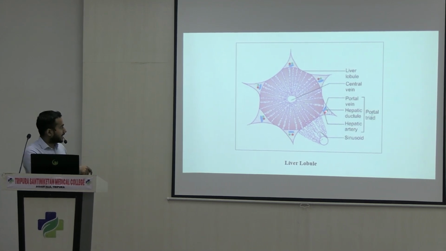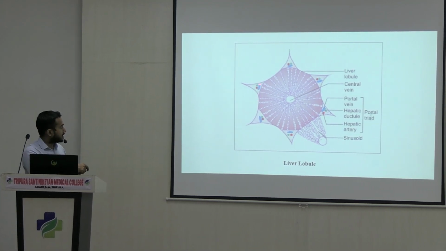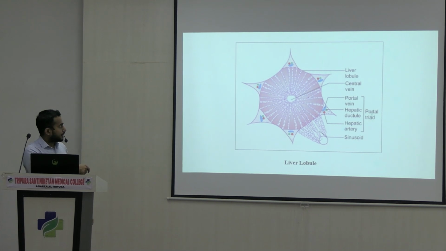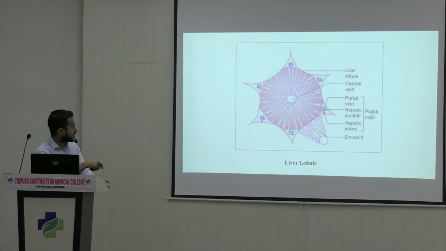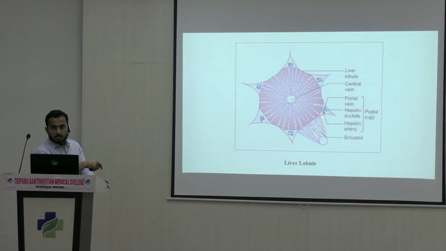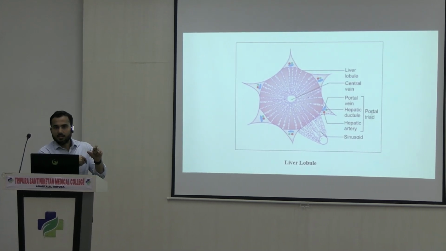Next, at each and every angle of this classical liver lobule, what is present? Portal triad is present. As you can see, you can see the portal vein, the hepatic ductule, and the hepatic artery. So at each angle of the hexagon, the portal triad is present.